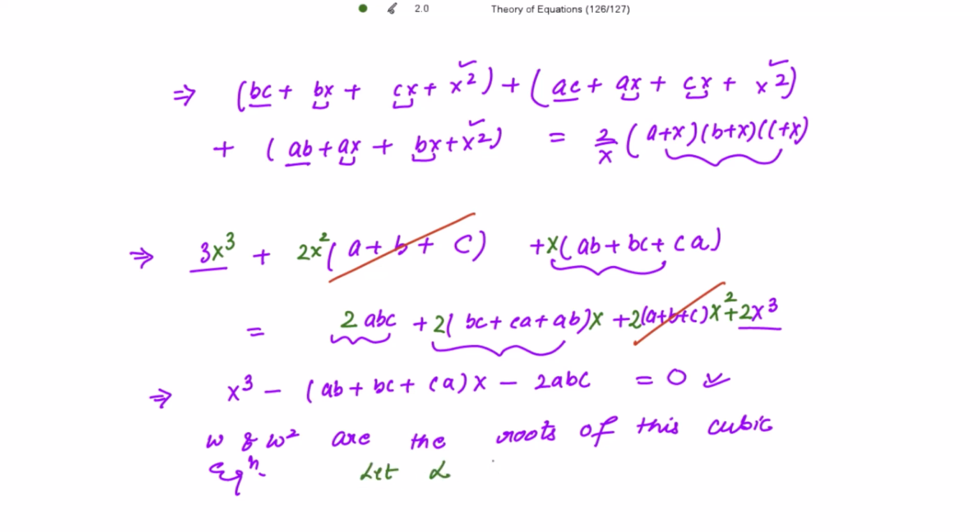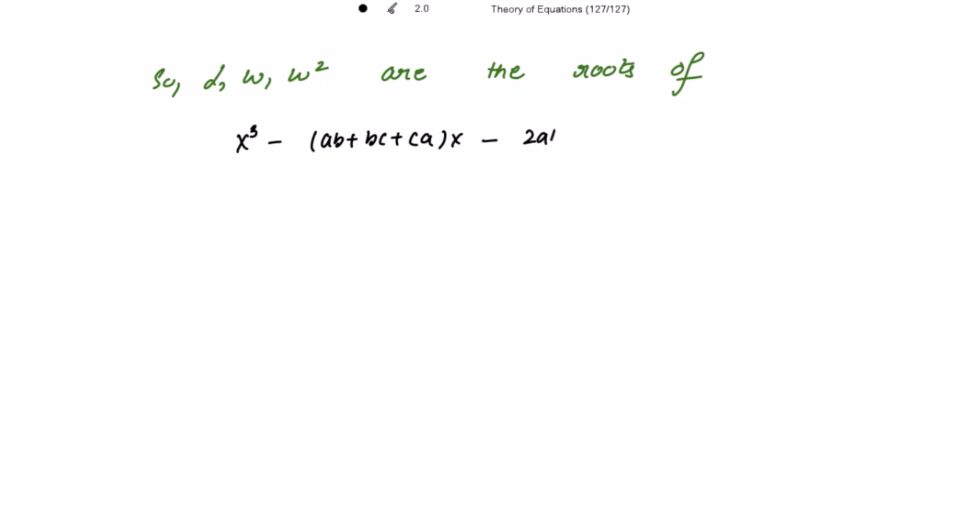So alpha, omega and omega square are the roots of x cube minus (ab plus bc plus ca) into x minus twice abc equal to 0.